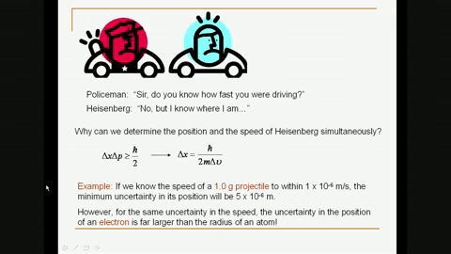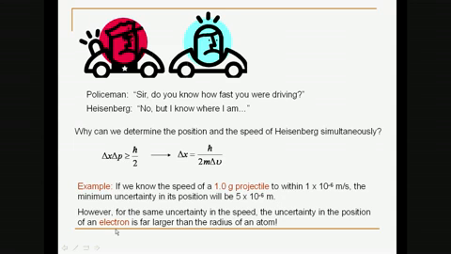And here's an example. If we know the speed of a 1 gram projectile to within 10 to the minus 6 meters per second, the minimum uncertainty in its position will be 5 times 10 to the minus 6 meters. So even for a 1 gram projectile, this uncertainty is negligible.